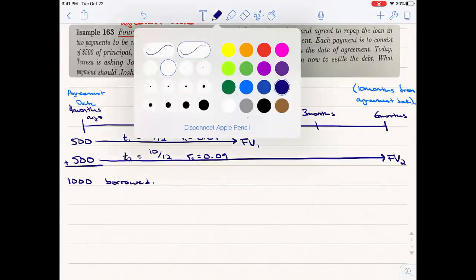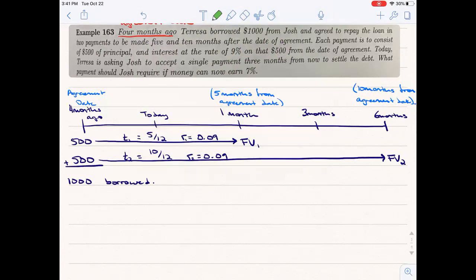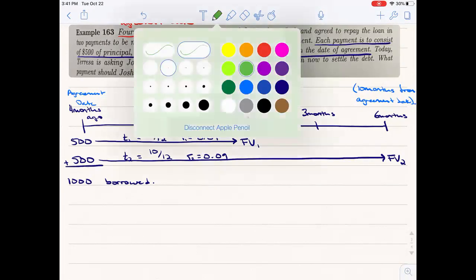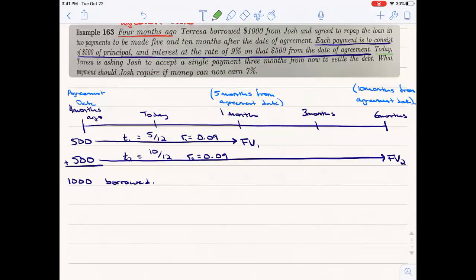Then I'll pick a different color, and I'll underline the colors that I used for each agreement. So today, Teresa is asking Josh to accept a single payment.